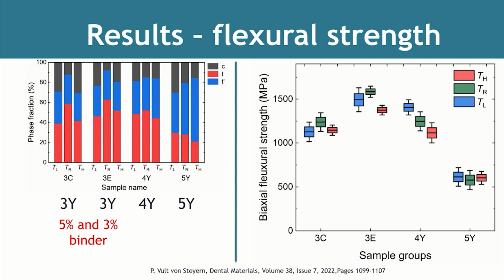We also see that we have a considerable increase in the tetragonal prime phase and a reduction in the tetragonal phase, meaning that it's not only the phase fractions and the phase content which are relevant to the mechanical strength, but also probably properties such as grain boundaries.